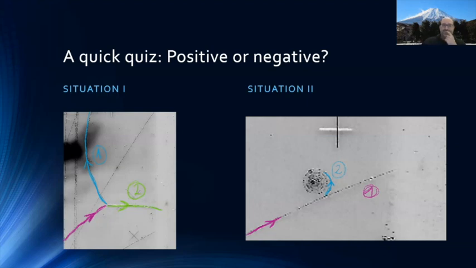So I see in the chat there is a suggestion green is positive and blue is negative. And I also see a suggestion blue is positive, and I see blue, green, positive.